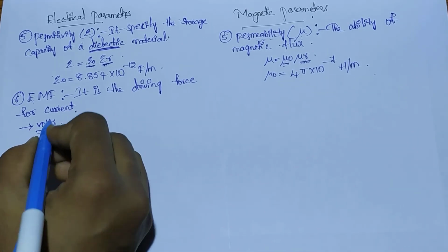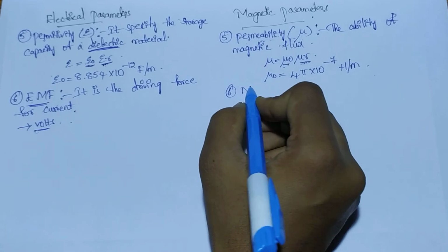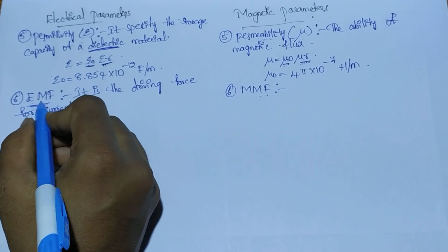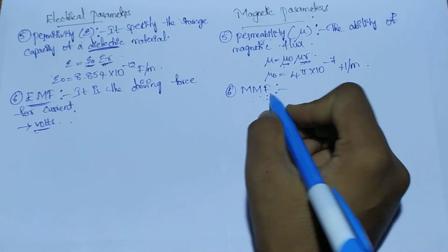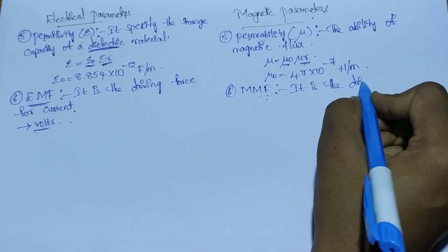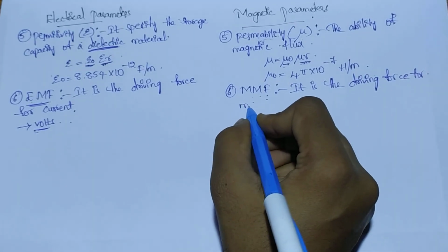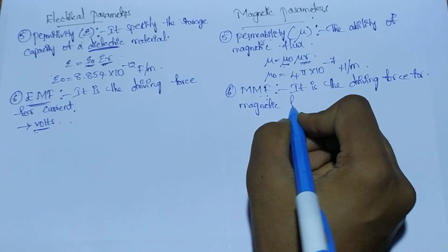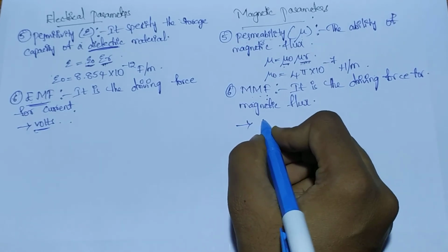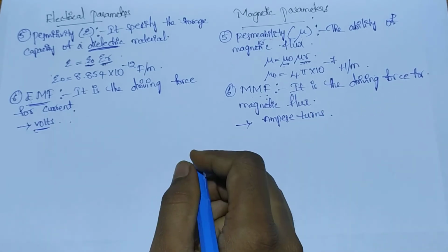Coming to the magnetic parameters, we have MMF, magnetomotive force, which is the driving force for magnetic flux. The unit of MMF is ampere turns.